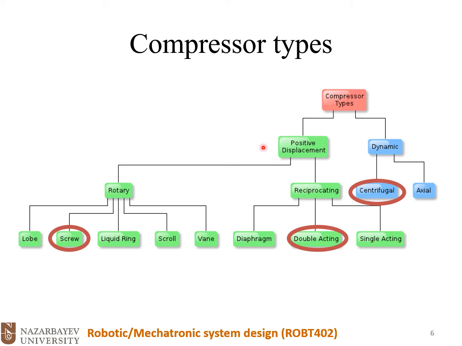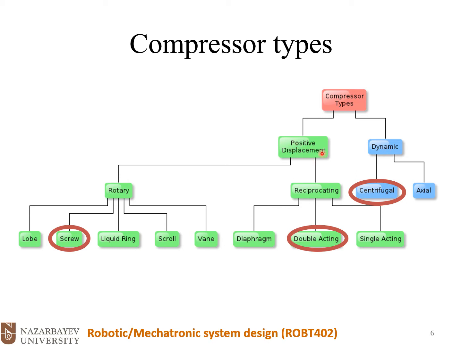Positive displacement means that we are displacing air by a piston or an object, and dynamic because we are using dynamic properties like the velocity and acceleration of the air molecules and air flows to change the pressure.